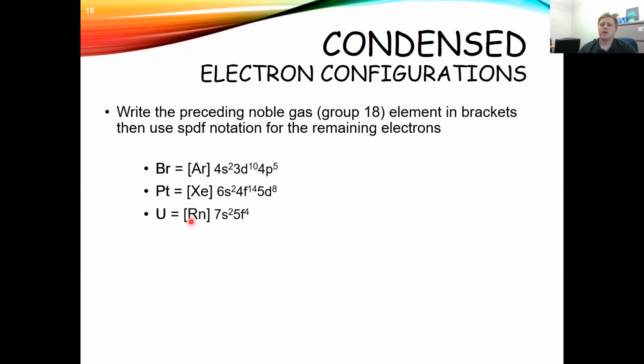For uranium, it would be radon. And you'll notice with this shorthand abbreviation, bromine and platinum have about the same length in writing, right? They have different electron configurations, but it takes about the same amount of length, even though they're at very different places on the periodic table. And we actually get a slightly shorter electron configuration for uranium.